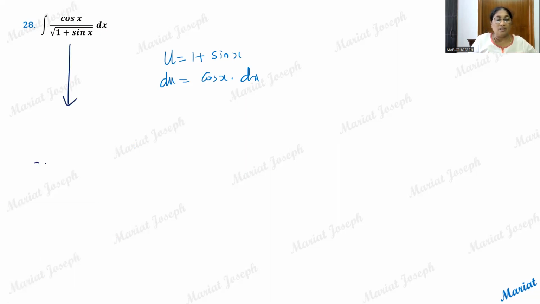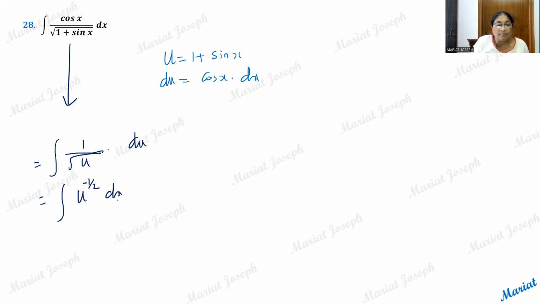So what is the integration changing into? Equal to integral, denominator is now root u into du. 1 upon root u means the power of u is minus half. Now what is integration then?